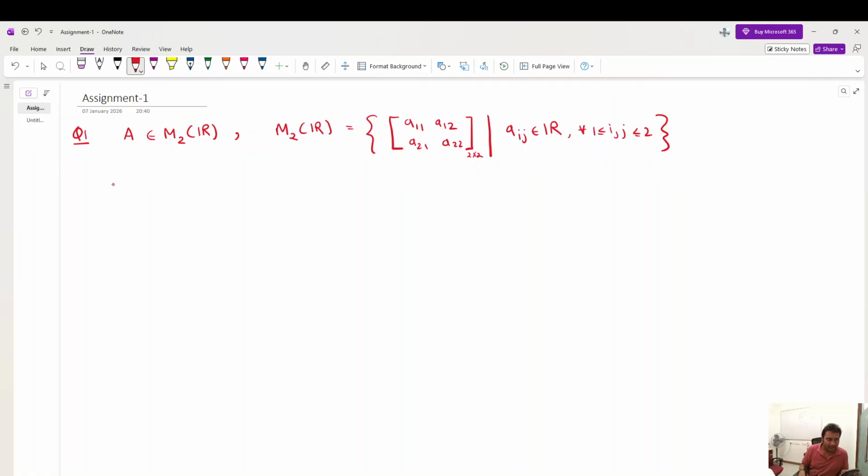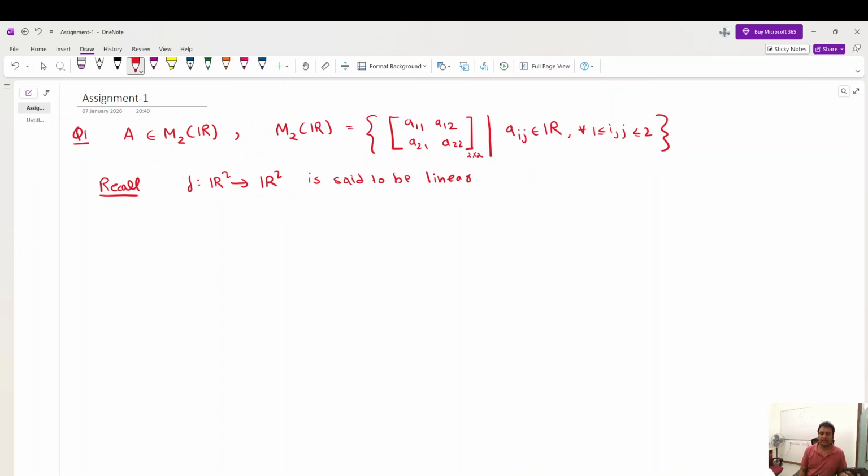Now, the question says recall the definition of when you call a map from R2 to R2 linear. Now, those who already know a bit of linear algebra, please be patient.